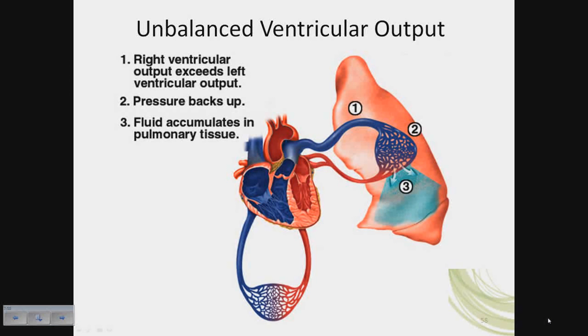So if we have more blood going to the pulmonary circuit than what's being pumped out by the left ventricle to the systemic circuit, then we're going to have the damming up of blood in the pulmonary circuit. There will be increased capillary hydrostatic pressure in the pulmonary capillary beds, as shown here in number 2, and that means an increase in the Starling force favoring outward fluid movement into the interstitial spaces of the lung.